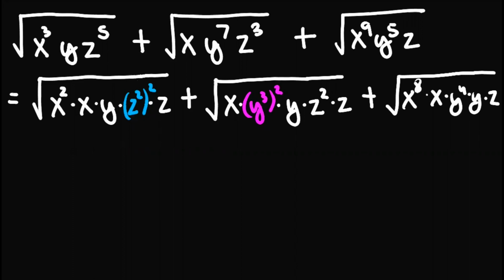Then lastly, in the last radical, we have here x raised to 8 and y raised to 4, which are both equal to, the first one is equal to x raised to 4 squared, and the second one is equal to y squared squared.